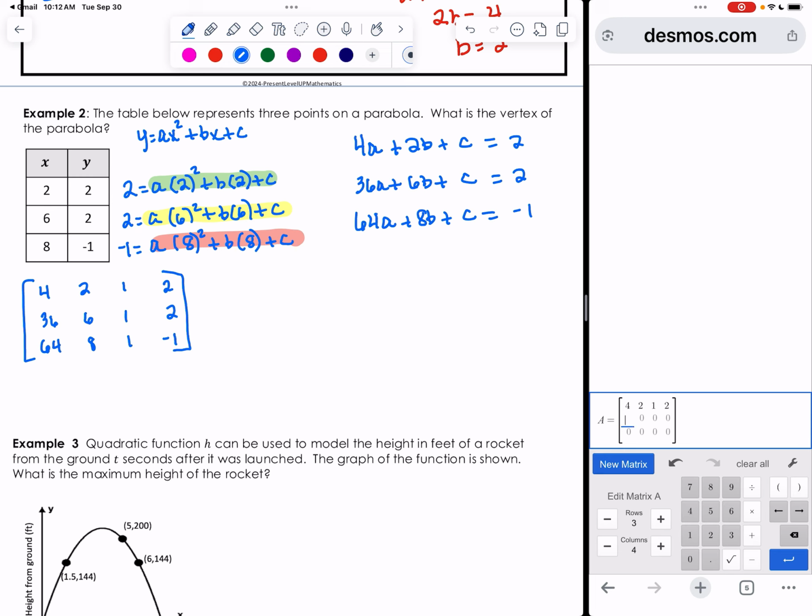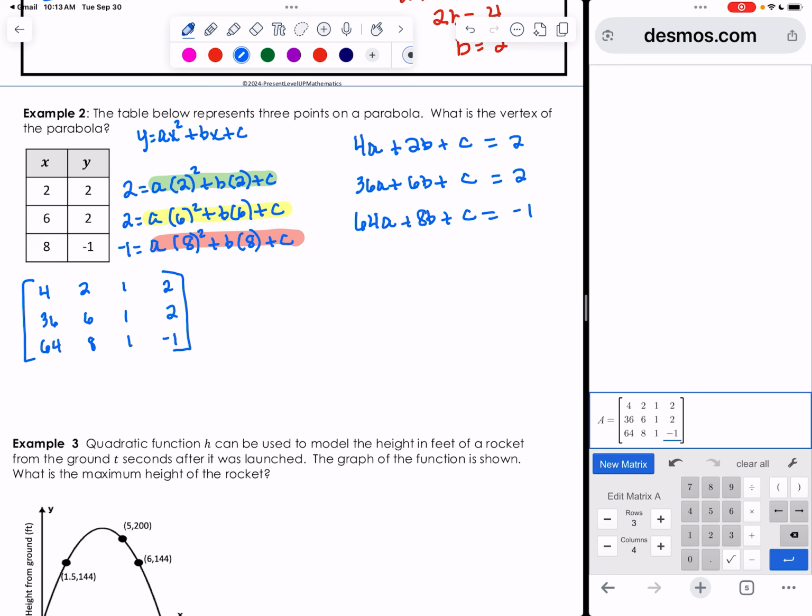Side arrow, 36, side arrow, 6, side arrow, 1, side arrow, 2. That's why I said very carefully. Side arrow, 64, side arrow, 8, side arrow, 1, and side arrow, -1.